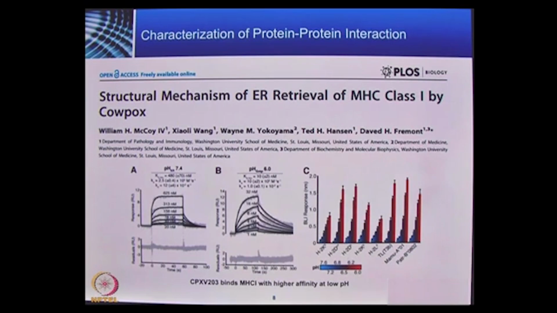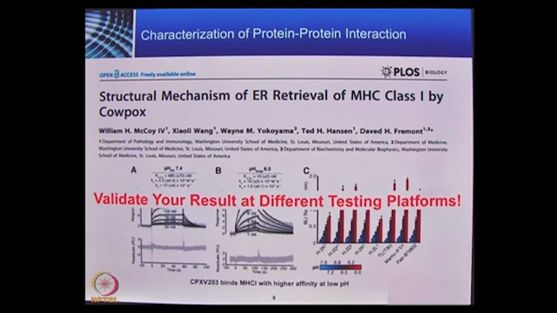So the main purpose of this study is to show us that it is very important for us to validate our results on different testing platforms. This will help us to be sure that the results we get are not false positives. I believe this kind of thinking will be very useful when you are designing your own experiments.